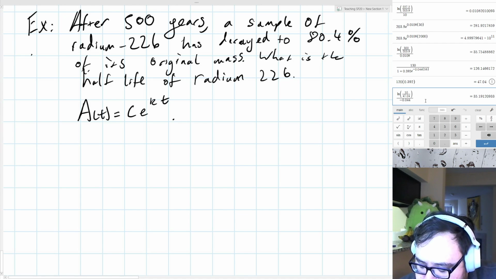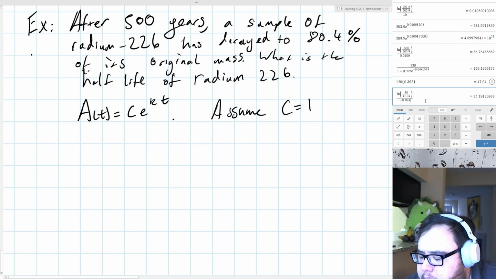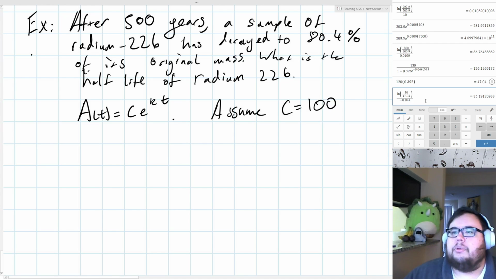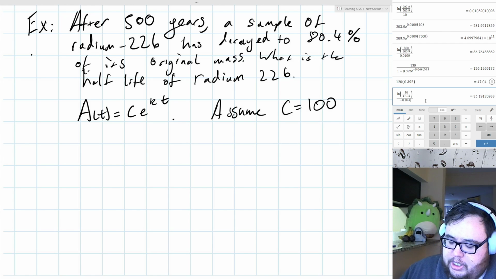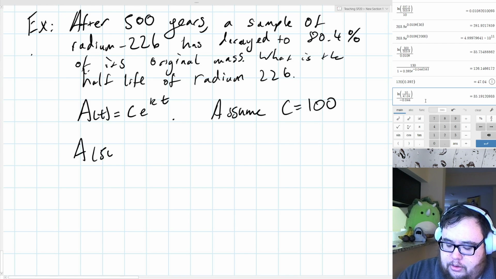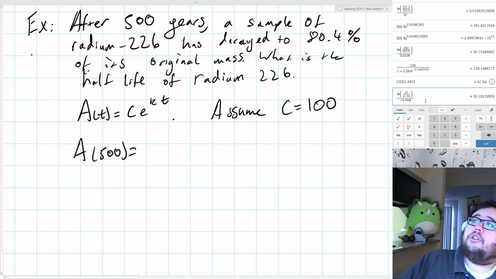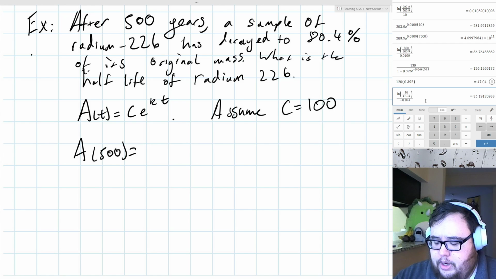And we're going to assume that C is 100, so that the percentages work out really nicely. So that means that after 500 years, A of 500 will be equal to 80.4. If there were 100 grams to begin with, 80.4% of 100 is just 80.4, right?